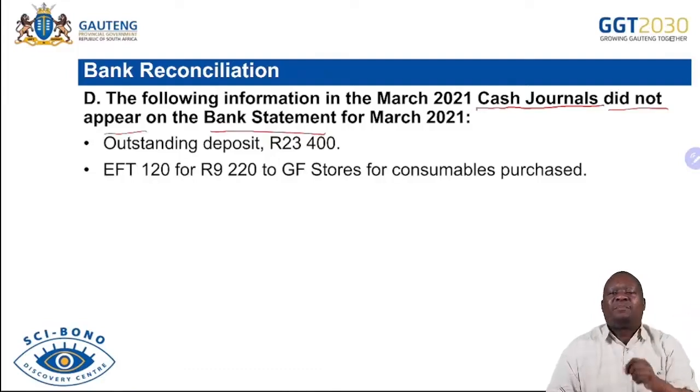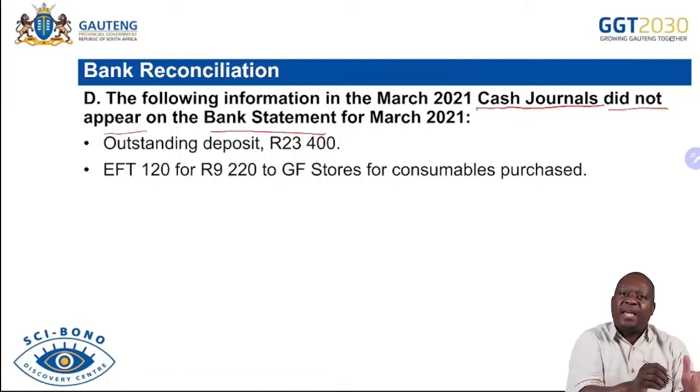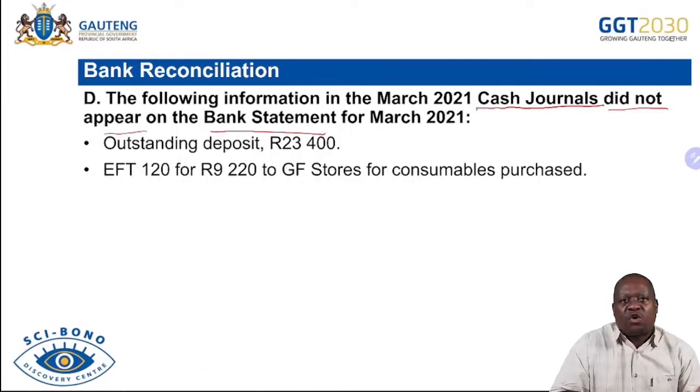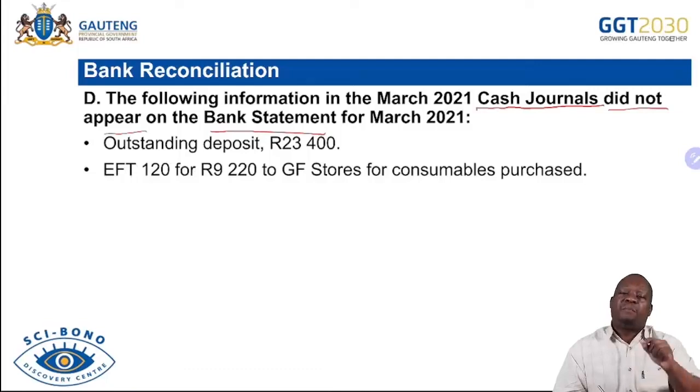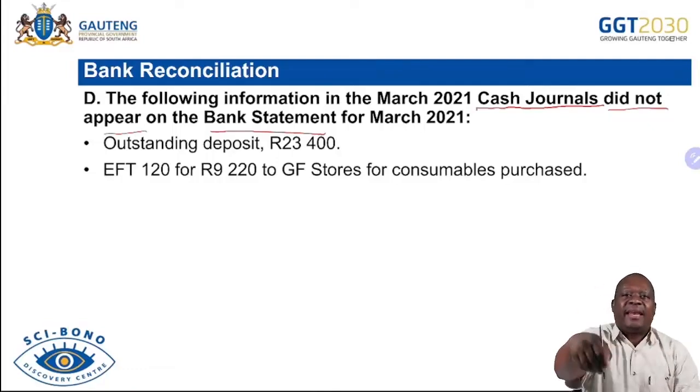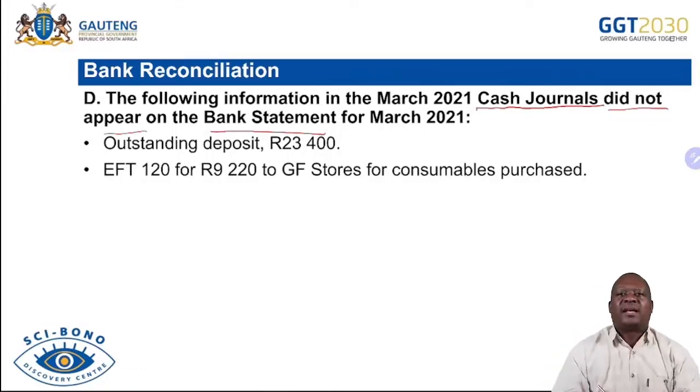It means that deposit is not going to appear on the bank statement, but it's already appearing in our journals. So it is outstanding, on its way from the business to the bank, somewhere in between. And what are we expecting? When we receive our bank statement in the next month, we expect to see that figure first. To say, okay, that 10,000 now appears. If that happens, everything is good.